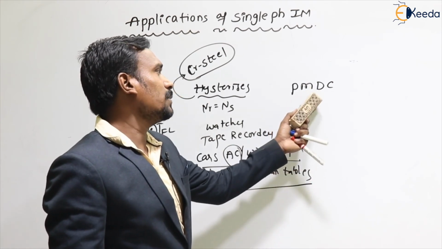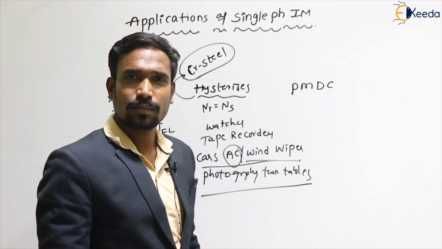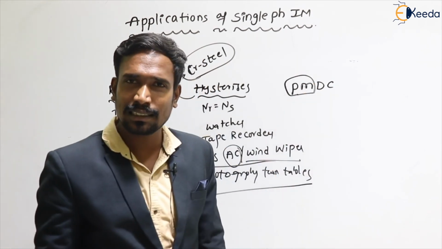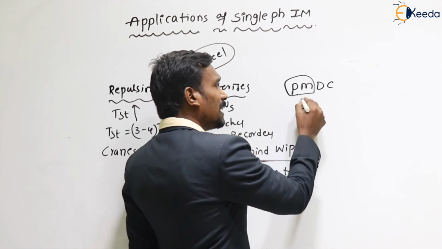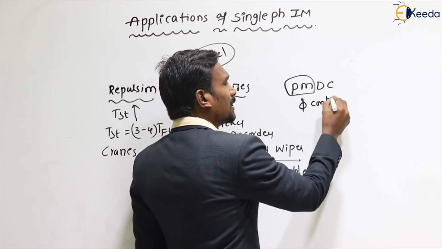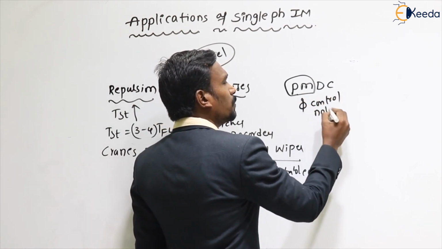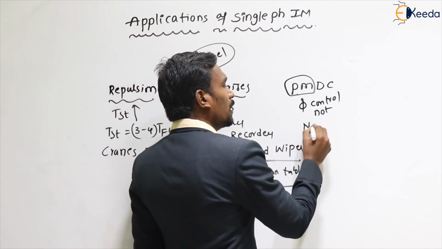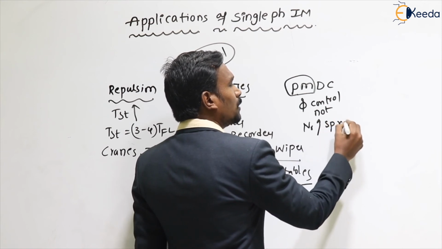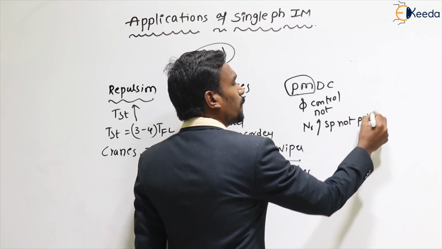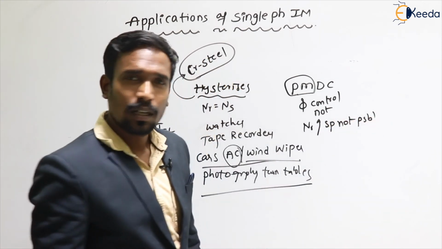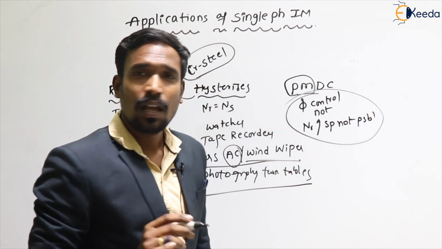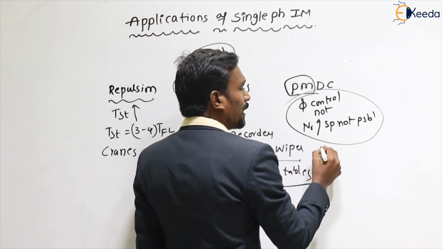In the permanent magnet DC motor, the name itself indicates we are using permanent magnets, so flux control is not possible. If flux control is not possible, variable speeds are also not possible. So it is very difficult to increase the speed, and of course we have to use permanent magnets.